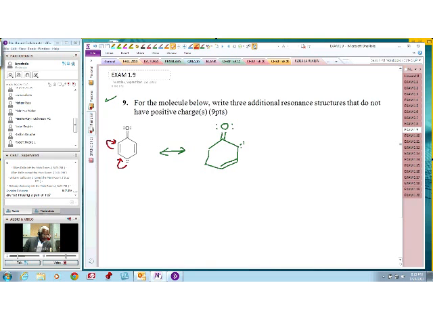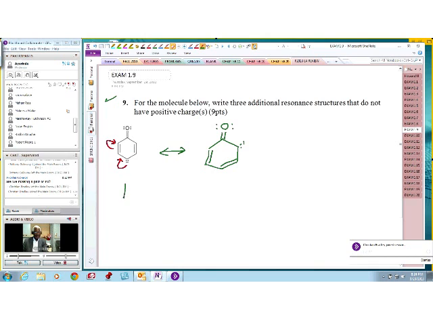Are we missing a pair or no? Oh, yes. Thank you. We are missing a pair right here. Thank you very much. So we now have this here. So let us now draw the resonance structure.